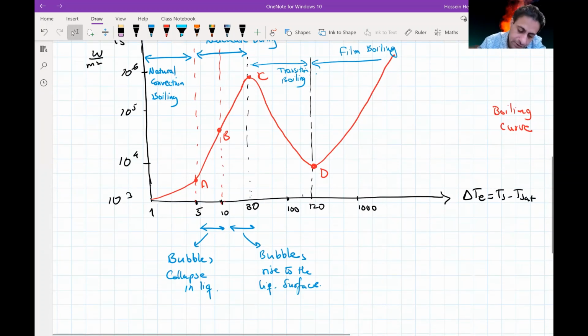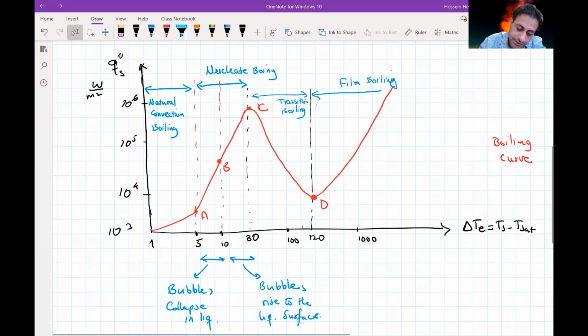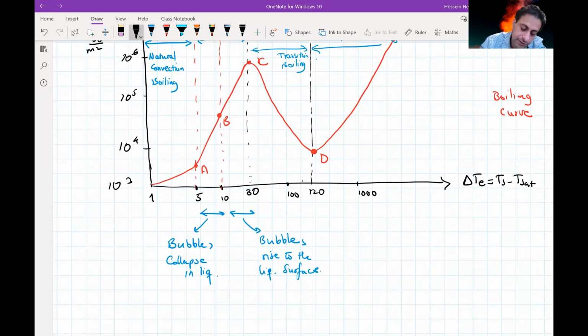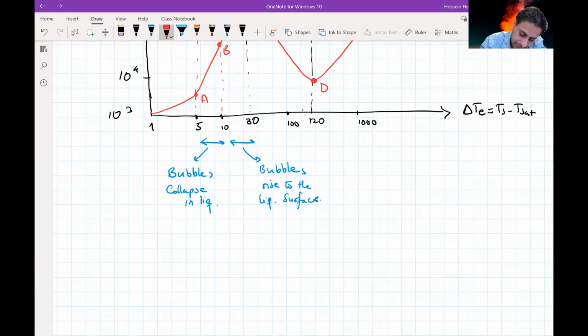Now let's look at each of these zones and look at the characteristics of each of them. The first one is from 1 degree to A, and that's what we called natural convection boiling.